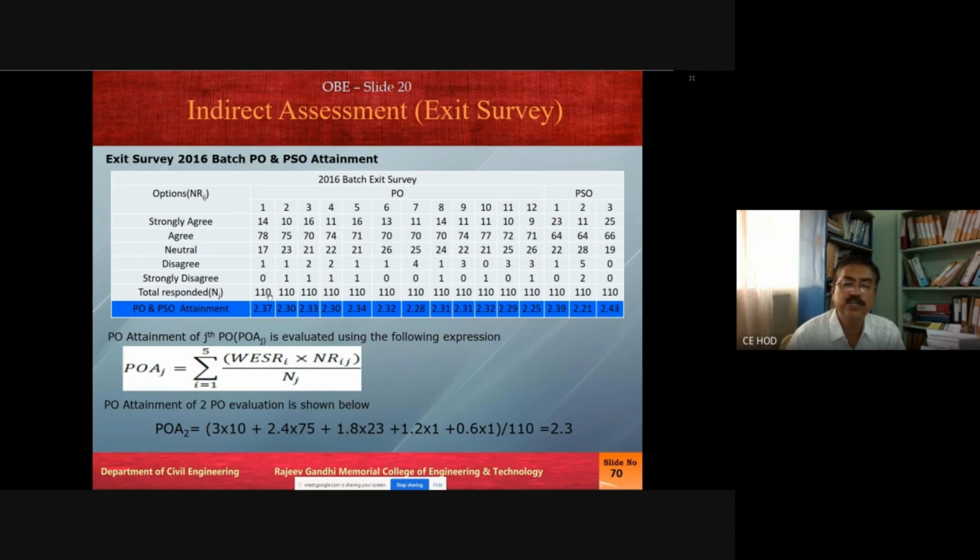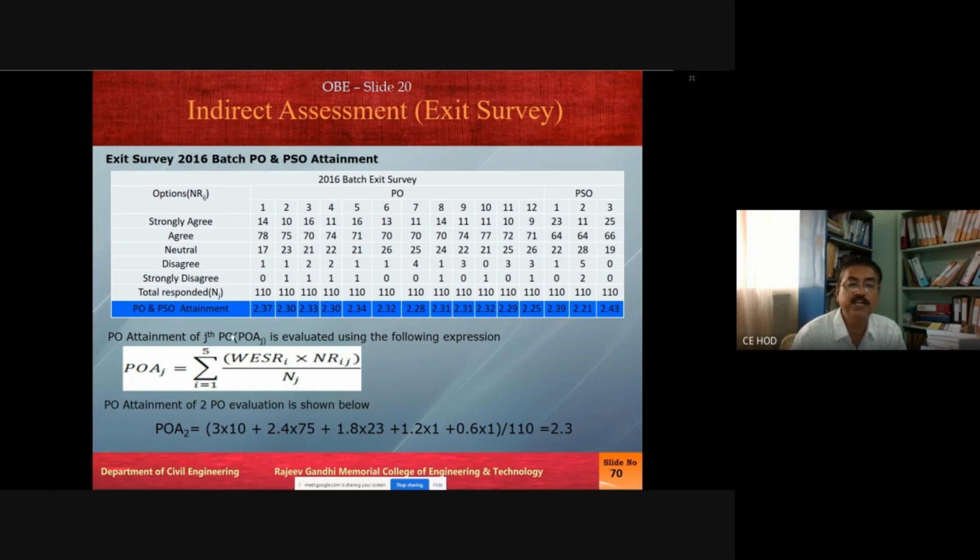Totally 110 students participated for the 2016 batch, and 14 students strongly agreed for PO1, 78 agreed, 17 were neutral, 1 disagreed, and 0 strongly disagreed.